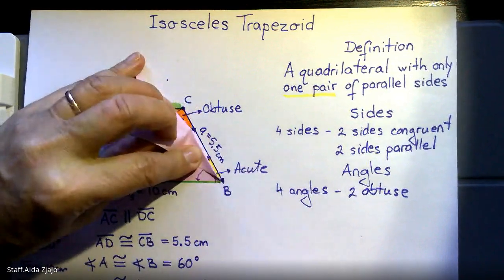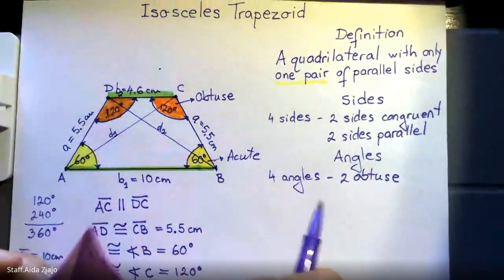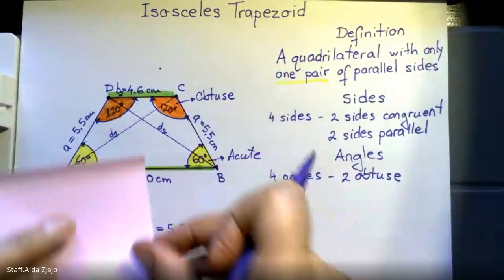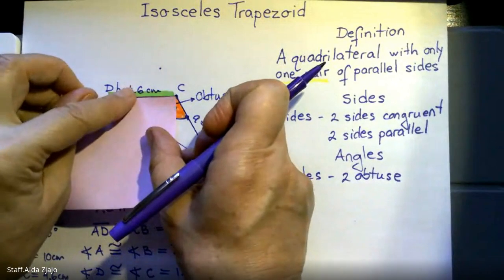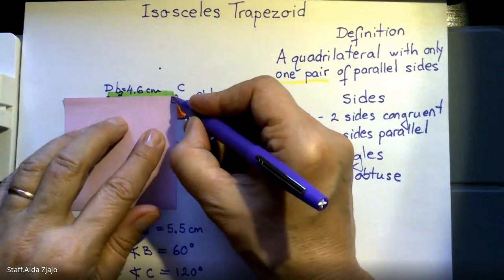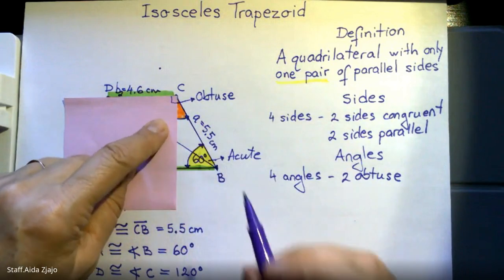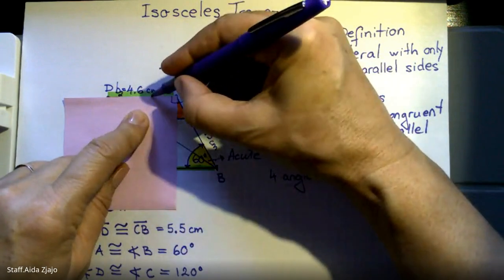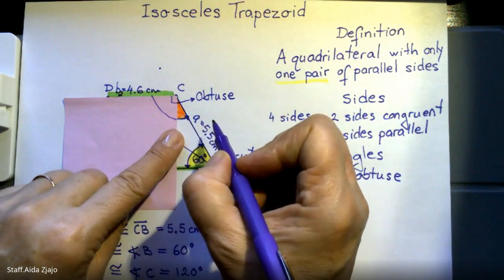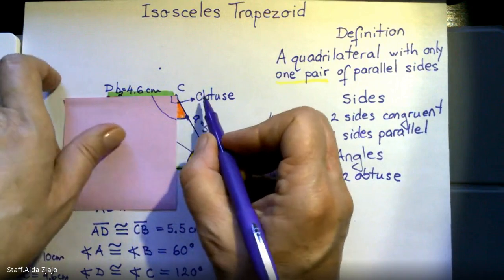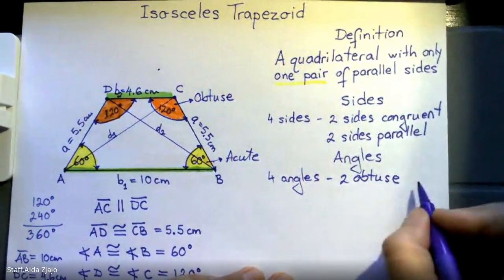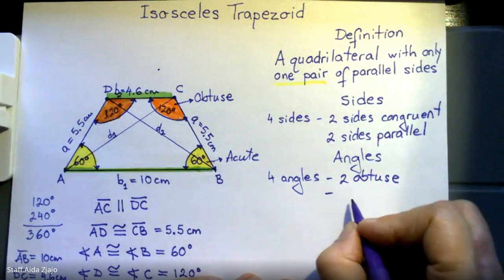If we take this one here and measure the angle, we can see that if it were 90 degrees, it would be about right here. But the angle is much bigger than 90 degrees. So this is an obtuse angle. Obtuse and two acute.